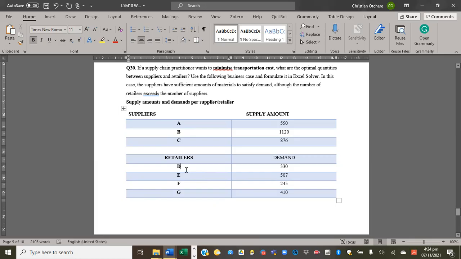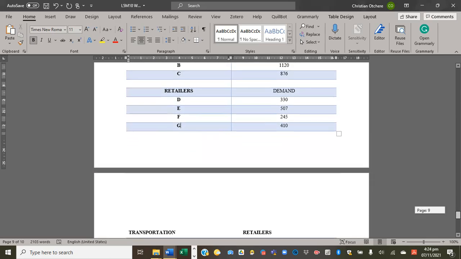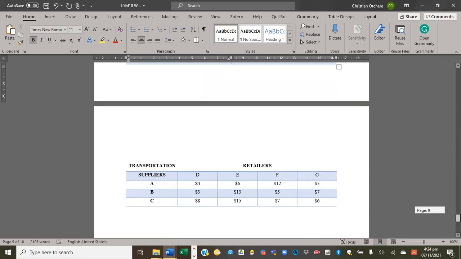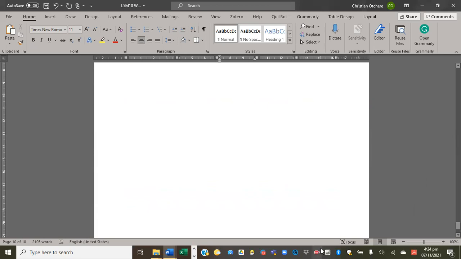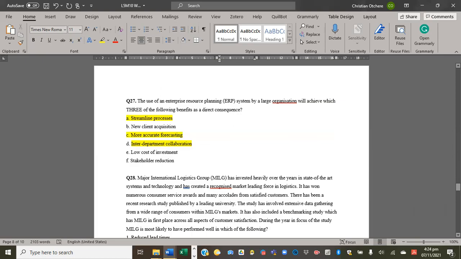Just that we don't want to mix the A, B, and C with the retailers. So let's maintain the D, E, and F chain for the retailers. So you try your hands on it and let's get the optimum cost for transportation. So that's basically it for logistics.